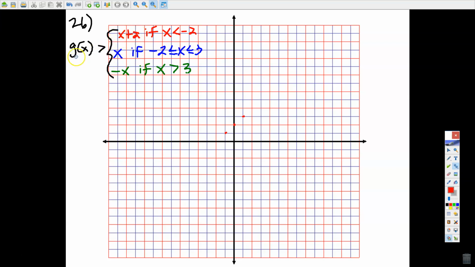So again, we're just doing y is greater than x plus 2. I've got my boundary line dashed, y equals x plus 2, and for the greater than side, I'm going to save the shading for last, but we would shade above the line.